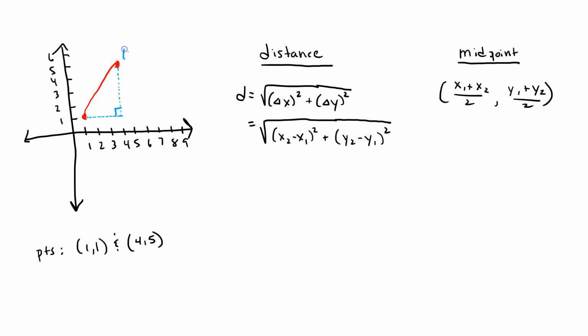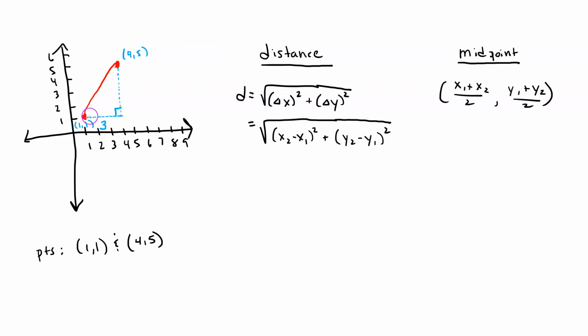So this point was (4, 5), and this point was (1, 1). The first coordinate is the x-axis. So we started at 1, and we moved over to 2, to 3, and then to 4. So this side right here has a value of 3.